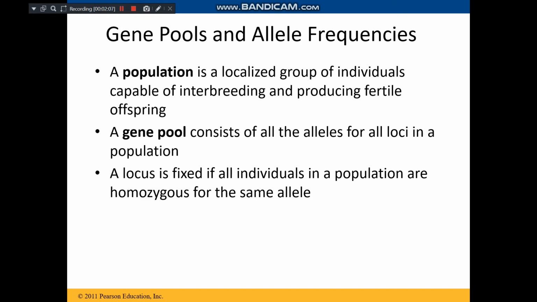Suppose the individuals in a population are homozygous, the locus is fixed for the same allele. But it is not so in a heterozygous population. But in a homozygous population, yes, the locus is fixed if all individuals in the population have the same allele.